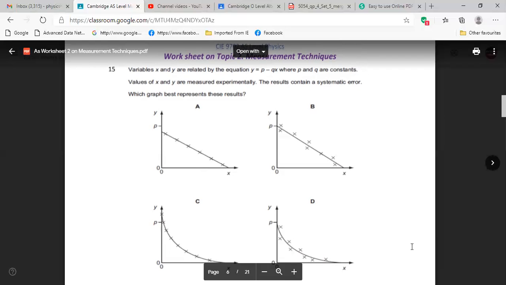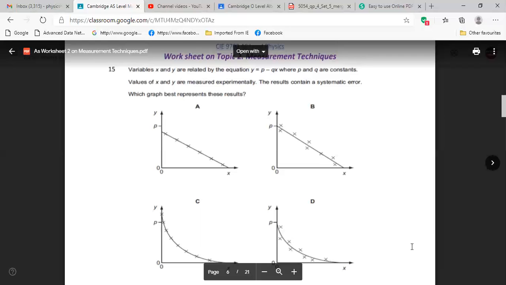So, if it is with systematic error, then it will not start from the P. In systematic error, we have some values either more or less from the true value.